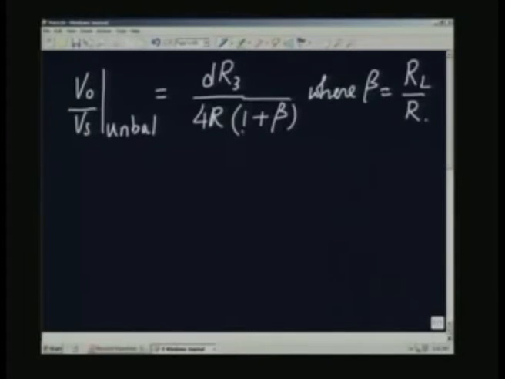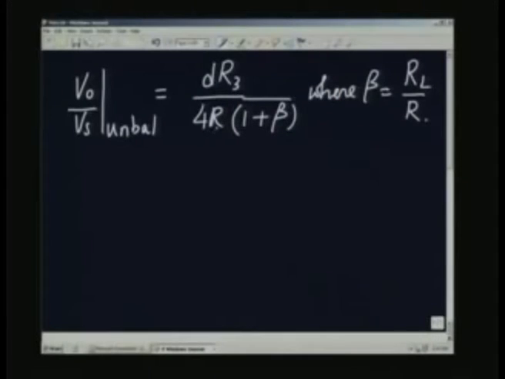So, you see that the balance condition is not disturbed when the strain is not there in the strain gauge. That means that the lead wires are compensated, and the equation for the output voltage as a fraction of the input voltage is the same as the earlier dR3 by 4R, but with a small factor in the denominator, which is a constant factor.